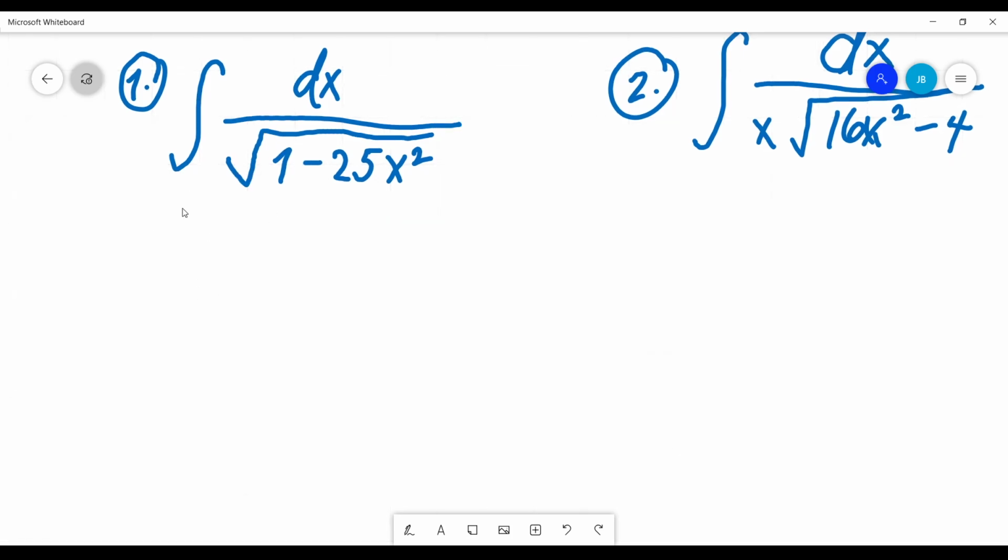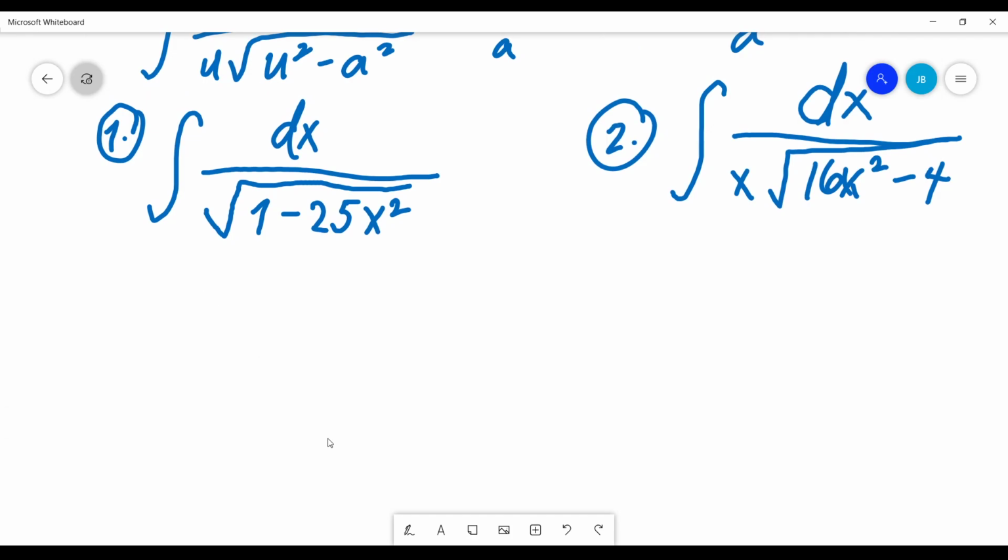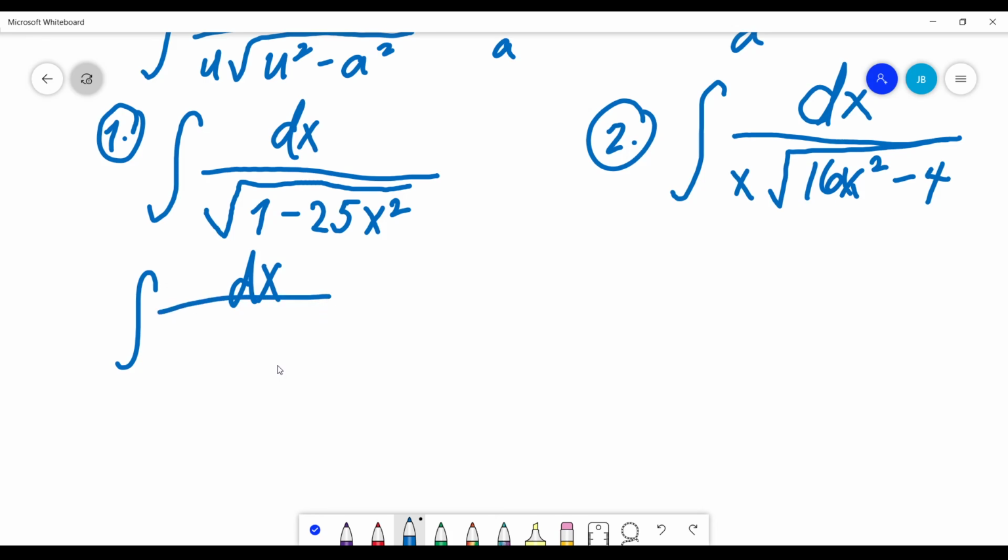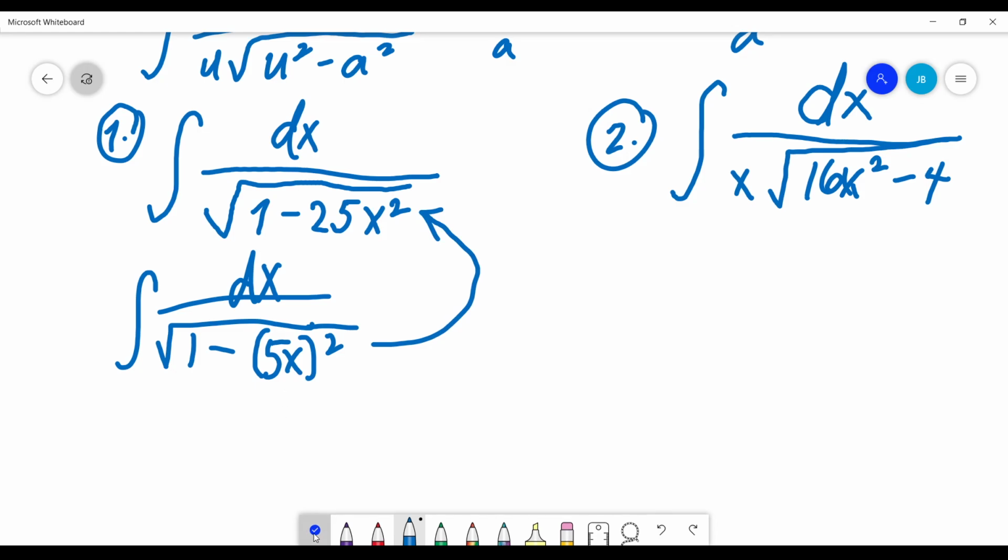So that's the integral of dx all over the square root of 1 minus, this one we factor out as 5x, then squared. It will still be the same here, right? So 5x squared, that's equivalent to 25x squared, right?